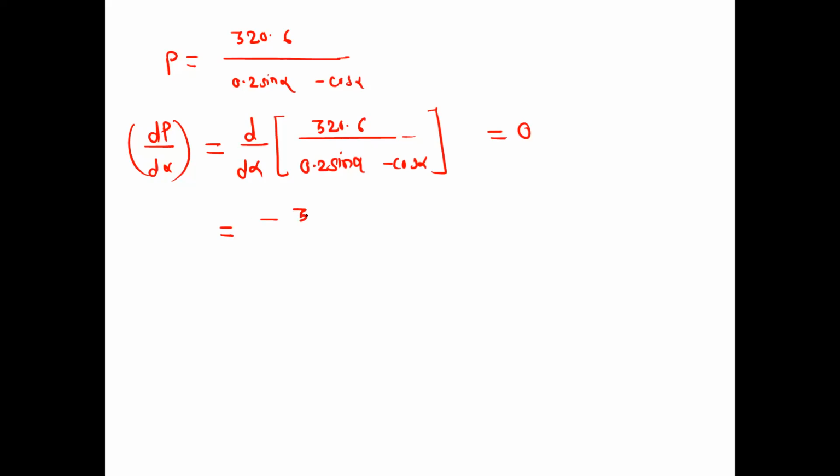So it will be minus 320.6 divided by (0.2 sin alpha minus cos alpha) bracket square, into (0.2 cos alpha minus sin alpha).